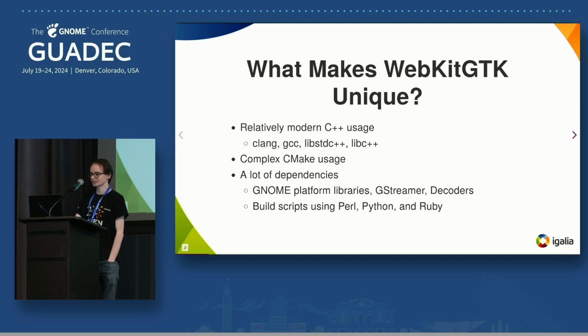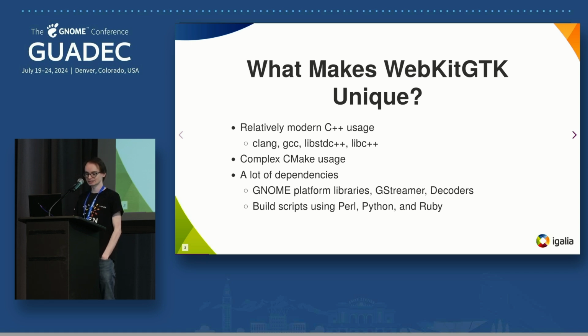So WebKitGTK is a bit unique in the GNOME ecosystem in that it's a large, modern C++ code base. So unlike most of GNOME, you need a compiler that's very recent, and there's this complex matrix of compilers and C++ standard libraries that you can mix and match, and they all support different versions of the language.